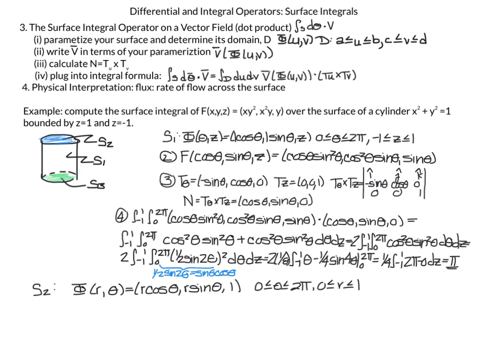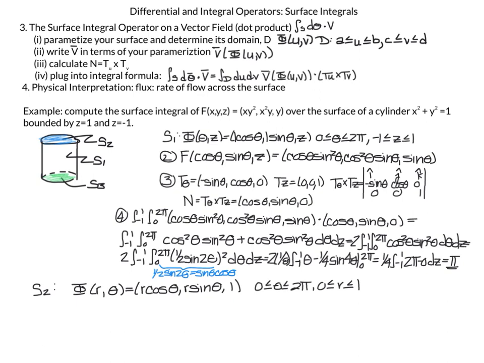One of the things to notice is my theta is going to go between 0 and 2 pi because I have a circle. My r now is going to go between 0 and 1 because at this point, I really do want the interior of the disk. I want the radius to go from 0 all the way out, and I want to do it all the way around in the circle. That's how I'm going to get this entire surface colored in blue here.